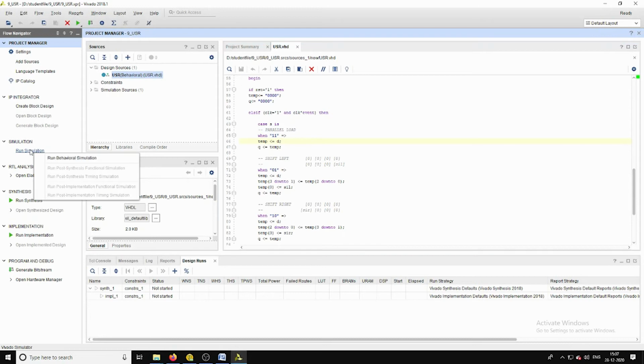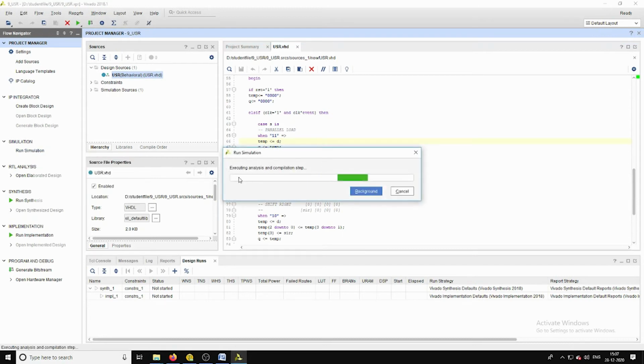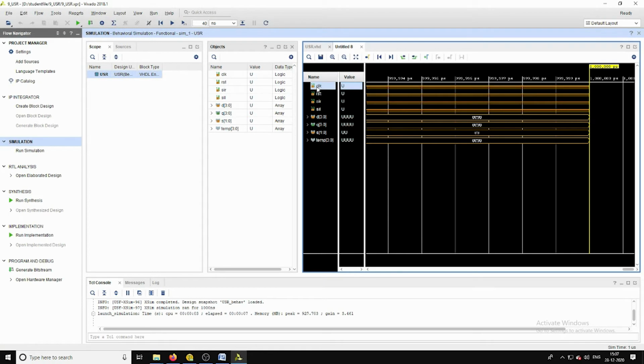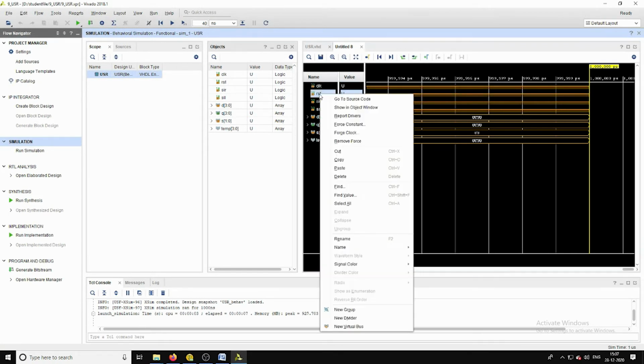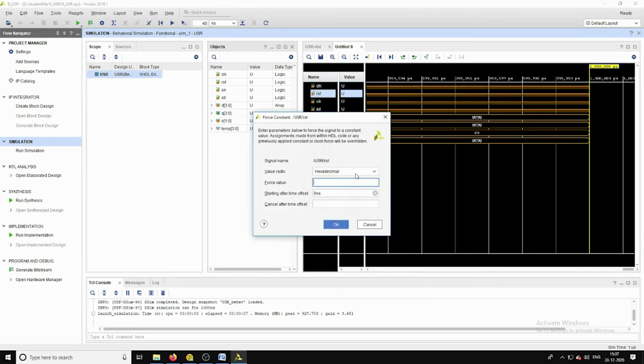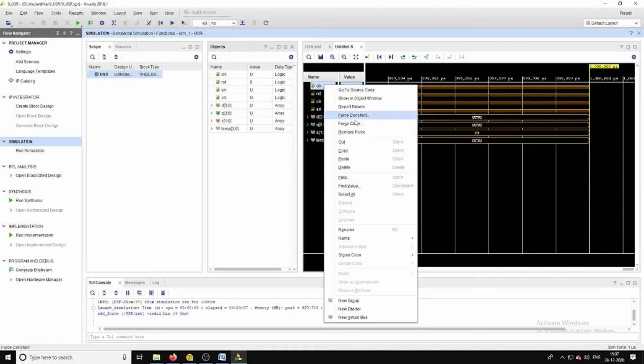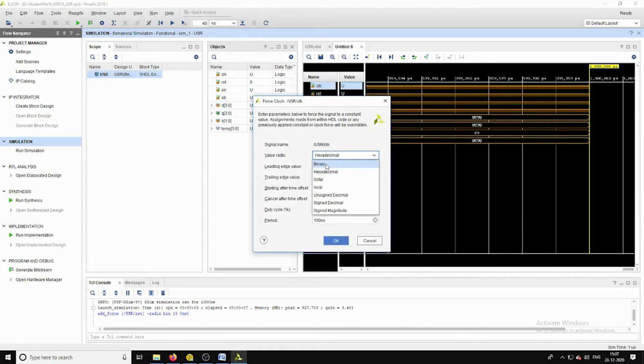Now let us do the validation of the logic by using the timing diagrams. Here by default I am assigning the reset signal as 0. Let us consider a clock signal with some values 0 and 1.